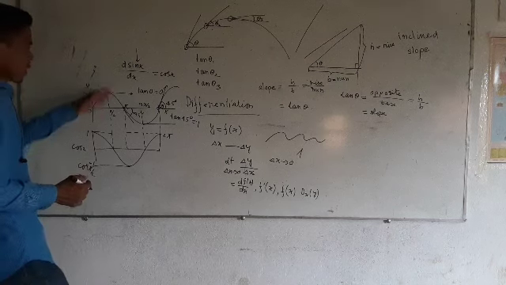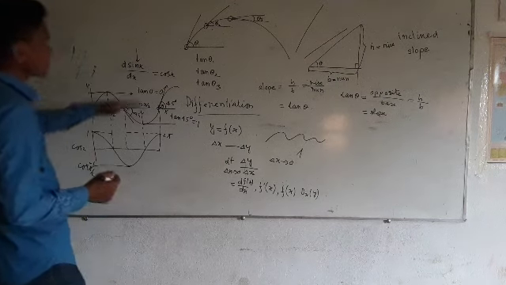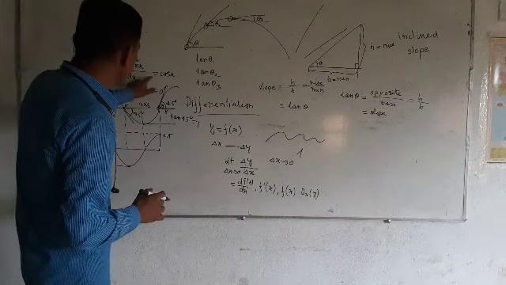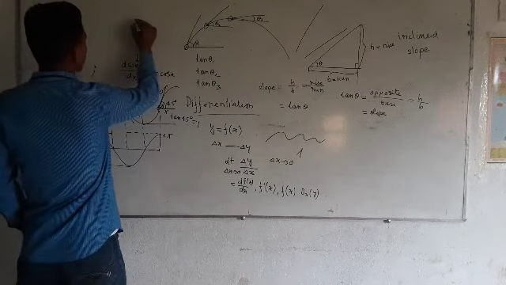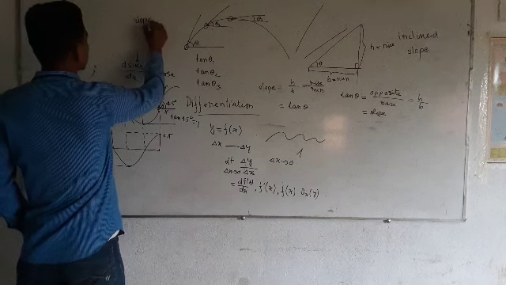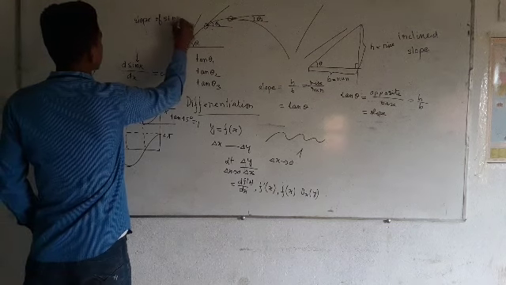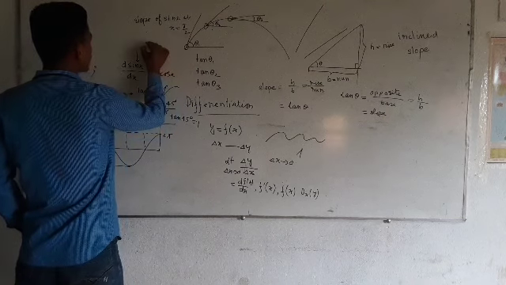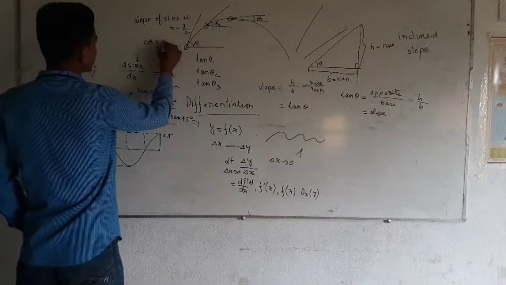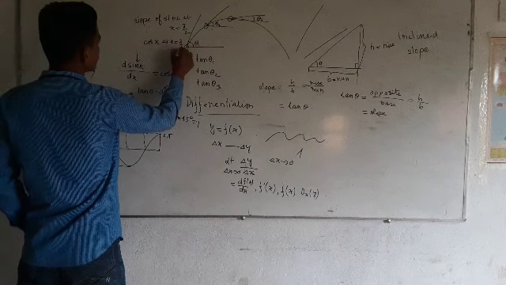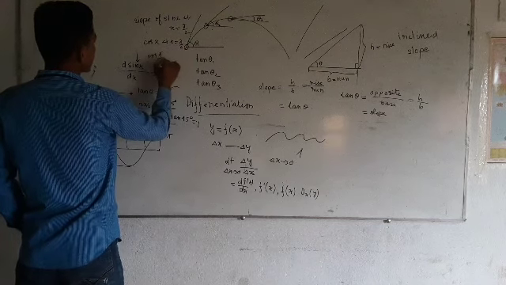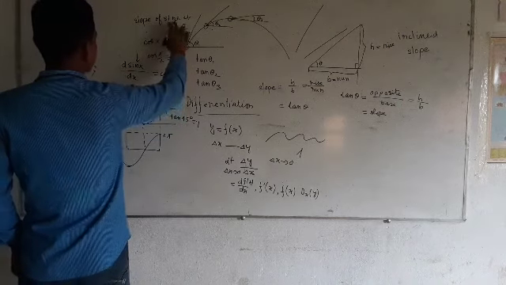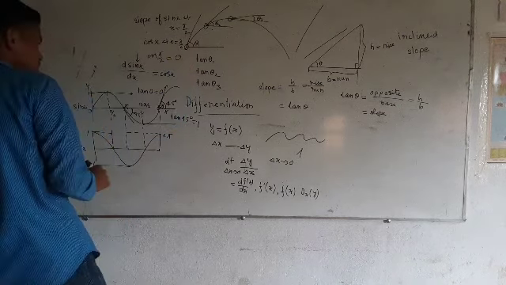As we have already known that cos x is the general expression of the slope of the original function sin x, if I have to find the slope of sin x at x equal to pi by 2, I just need to find the value of cos x at x equal to pi by 2. Therefore, as cos pi by 2 is equal to 0, the slope of sin x at pi by 2 is equal to 0. Like this we have to find.